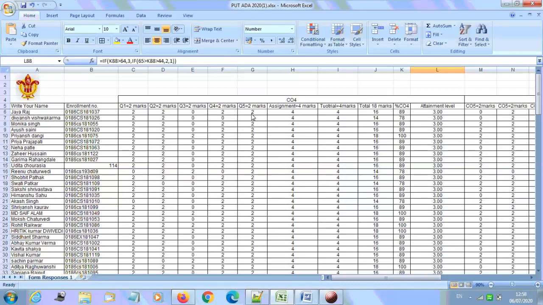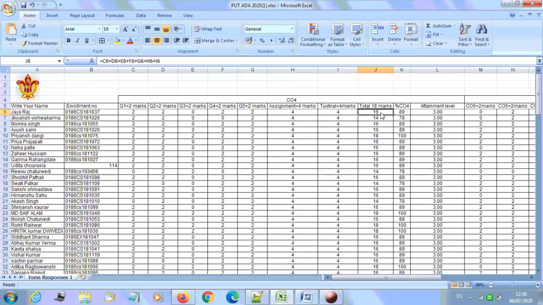In the assignment I have given 4 because he did all the questions, and in the tutorial also he submitted his copy and did all the work assigned to him. That's why he is getting 4, and the total marks is 16. I have added all the columns, and I have clearly given a formula over there.